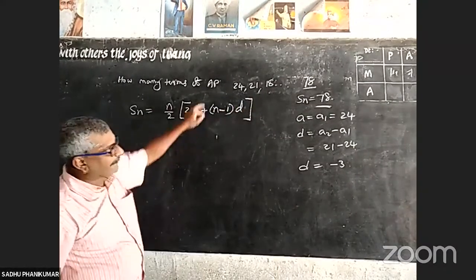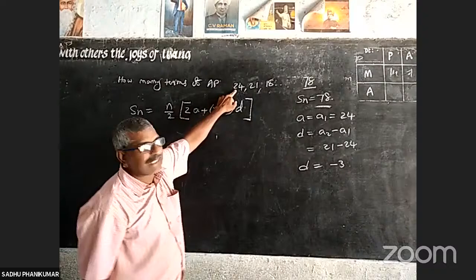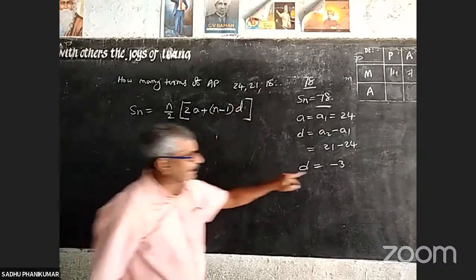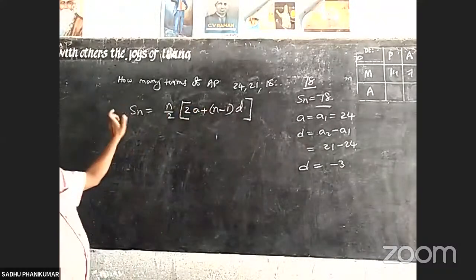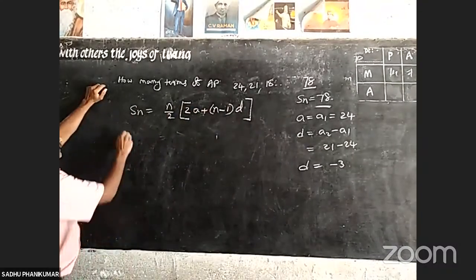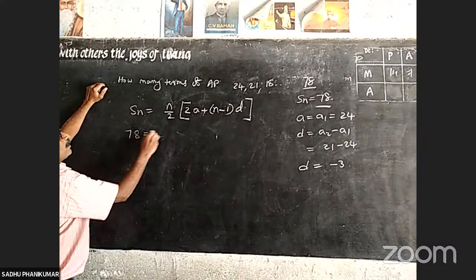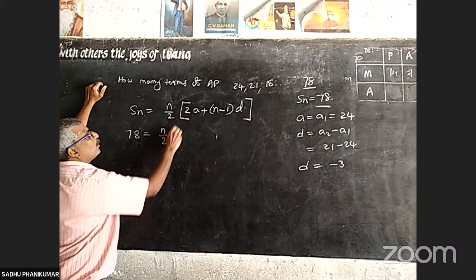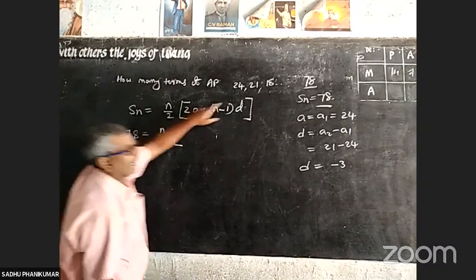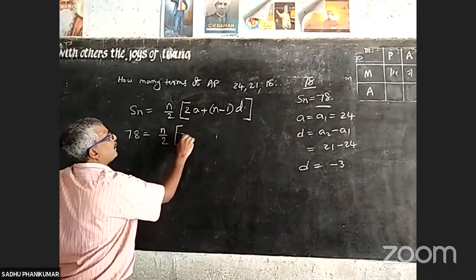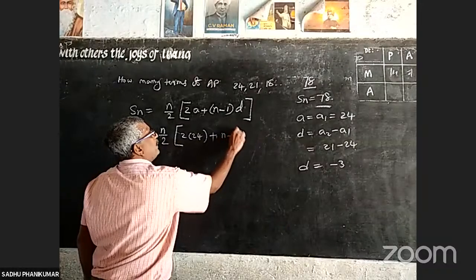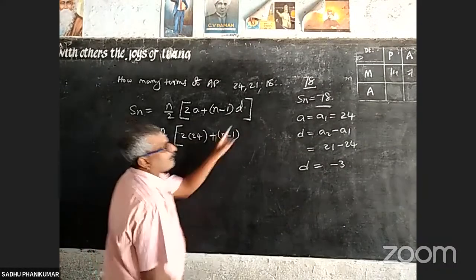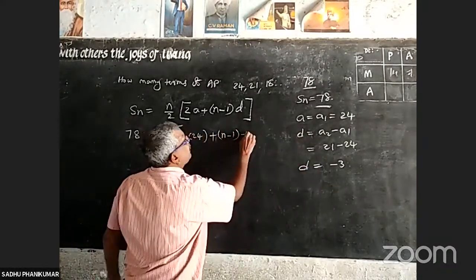We have A, the first term, with us, we have the value of D, and we also have the value of Sn. Okay, 78 is equal to n by 2 into 2 into 24 plus n minus 1 into d. Again, what is the value of d? Now, minus 3.